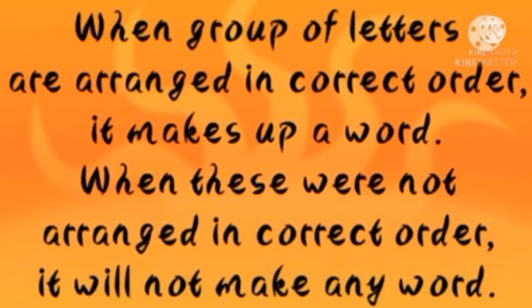Yes, by this activity, we understood that when a group of letters is arranged in correct order, it makes up a word, and when these are not arranged in correct order, it will not make any word.